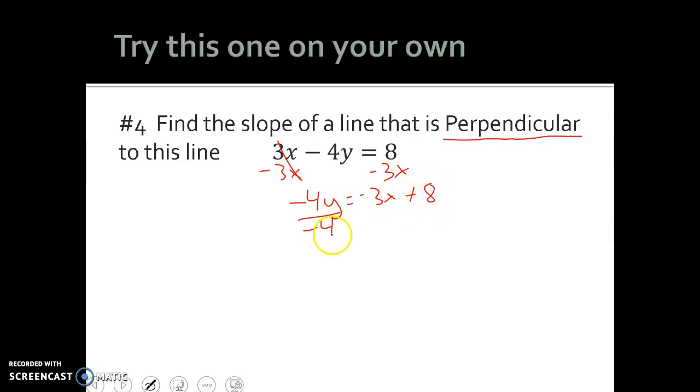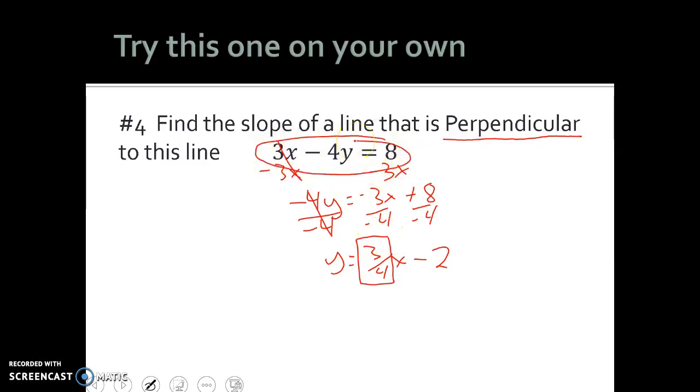And then we're going to get rid of the -4 by dividing every term by -4. So that'll give us y equals 3/4 x, the negatives cancel out, minus 2, because positive 8 divided by -4 is -2.